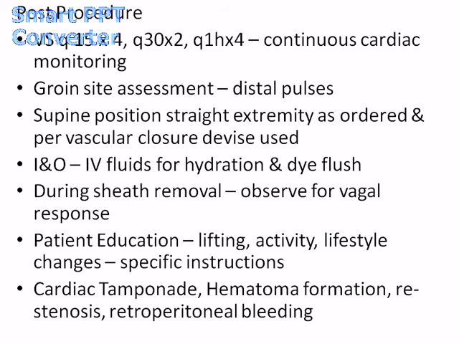But the signs and symptoms of cardiac tamponade include hypotension. You're going to see JVD. When you put your stethoscope on their chest, the heart tones will be very, very muffled because you're listening through that fluid in the pericardial sac.